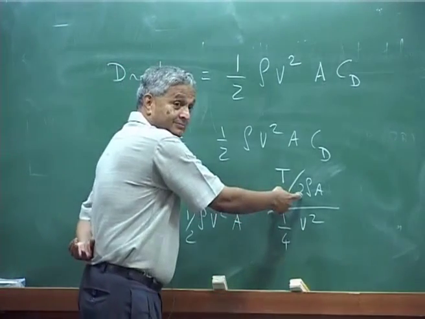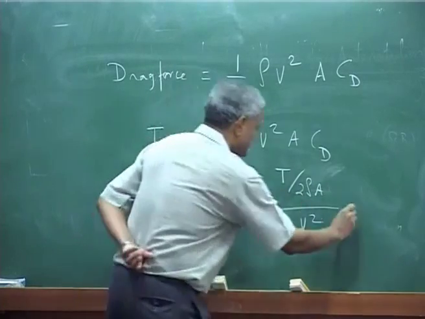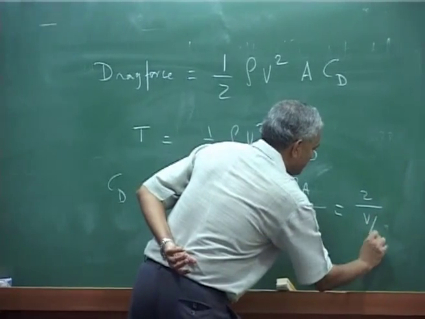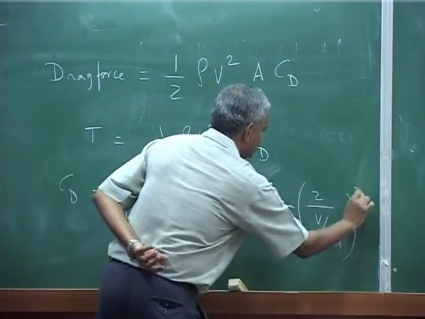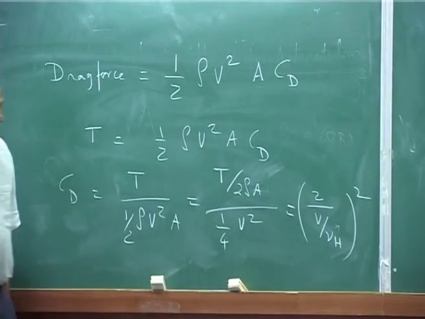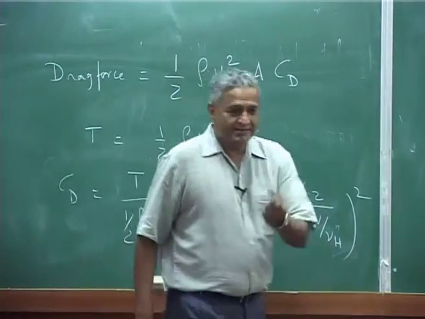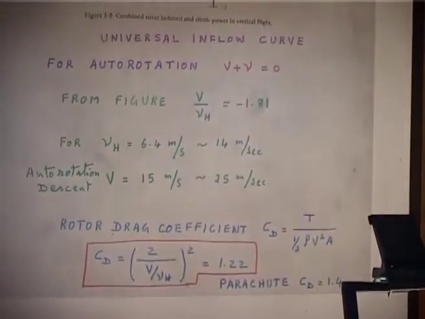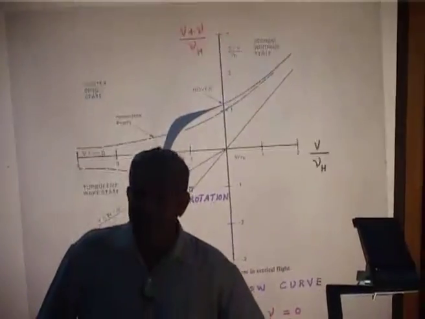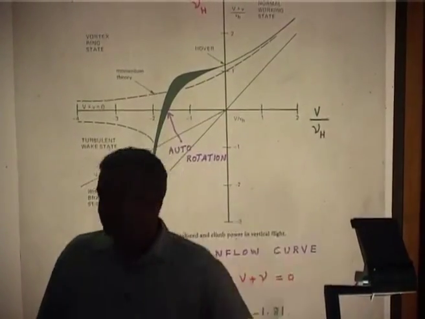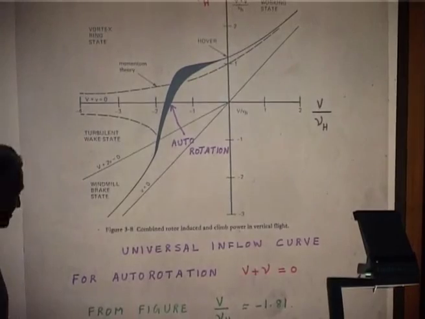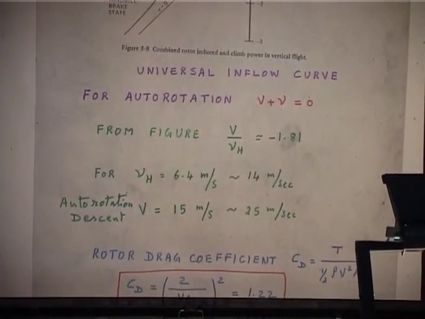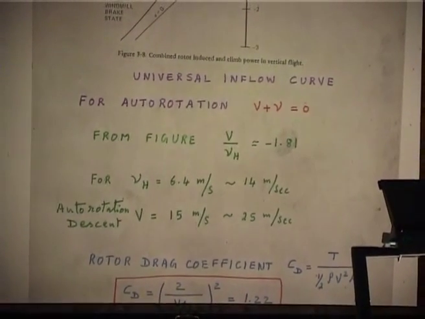This is nothing but nu h. So, you will have 2 over V over nu h squared. Now, you know that V over nu h is around in the range of 1.71, right. 2 divided by 1.71 squared, you put it there, and your drag coefficient will be of the order of 1.22, somewhere around 1.2, 1.3 in that zone.